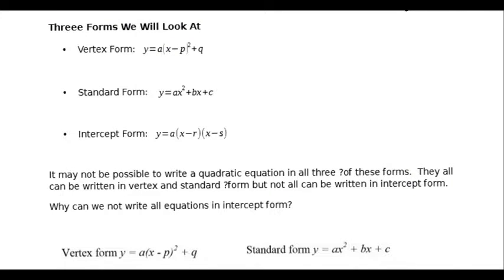We have the vertex form, y = a(x - p)² + q, which allows us to find our vertex in the form (p, q). Remember, this one is opposite world. And remember that the a value tells us what we multiply steps by.